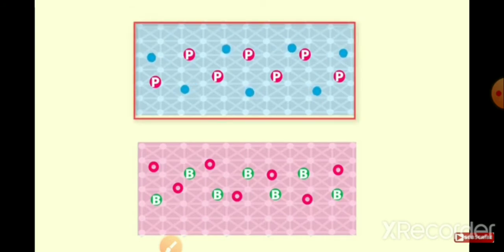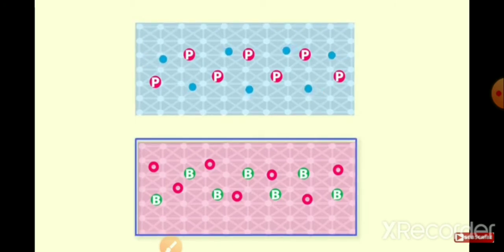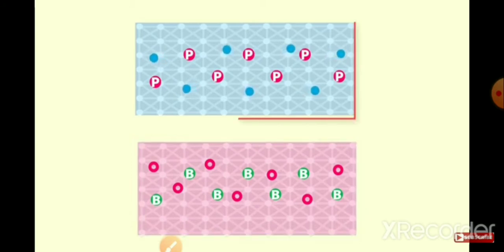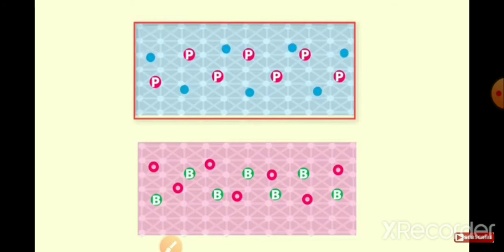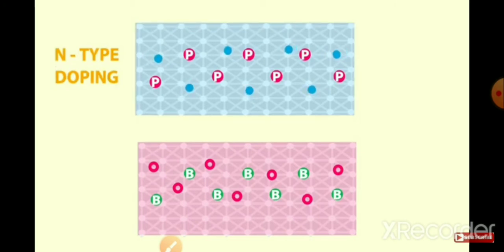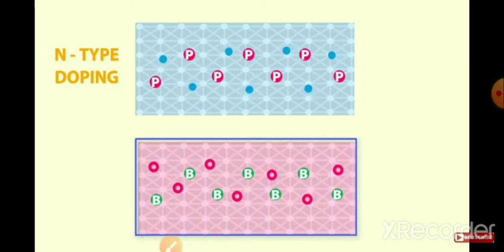We can see that the first sheet of silicon and phosphorus has a higher concentration of electrons, while the second sheet with silicon and boron has a lesser concentration of electrons. Therefore, the first sheet has N type doping or negative doping due to the higher concentration of electrons, while the second one has P type doping or positive doping due to the lesser concentration of electrons. That is why the holes are created in this sheet.